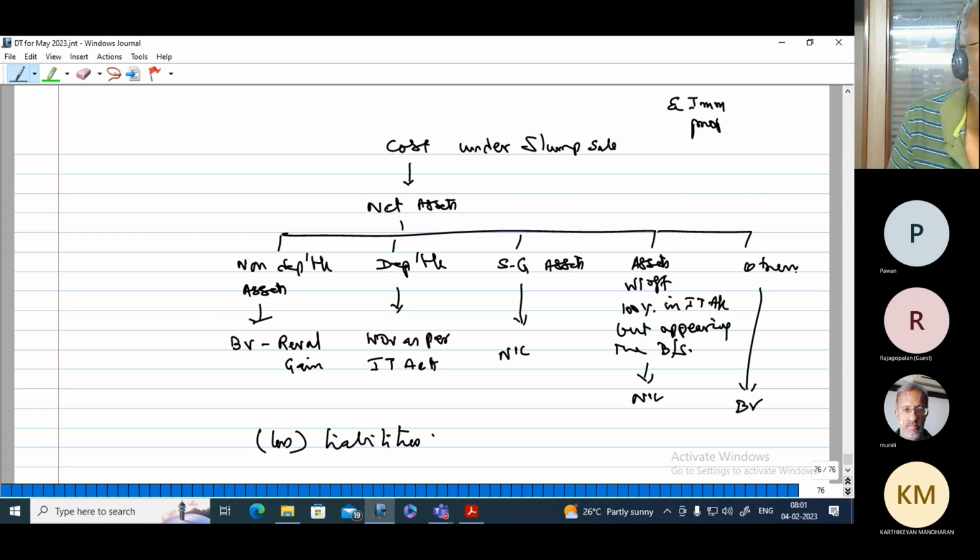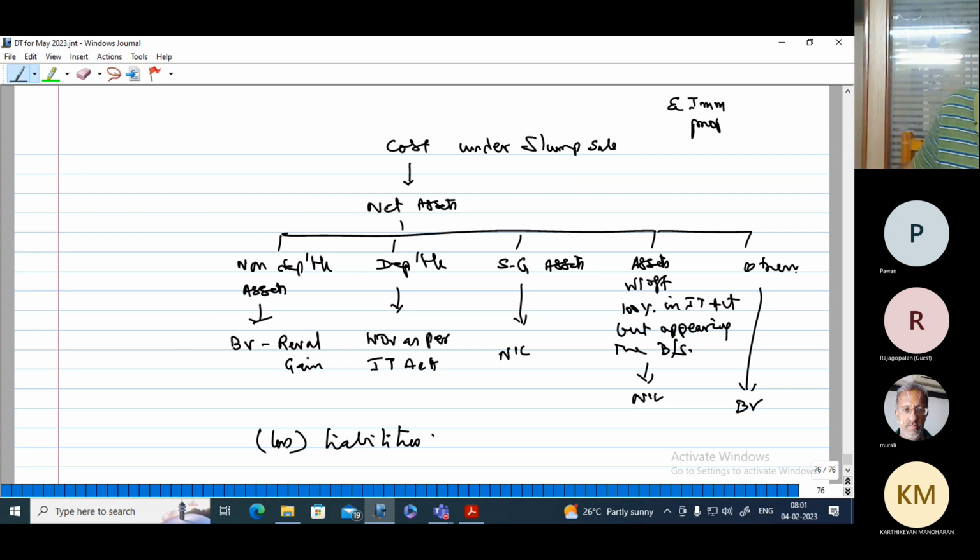Ajita, that is what assets written off 100% in Income Tax Act, but appearing in the balance sheet means. People might ask this question: when you have 100% written off, how come it will be there in the balance sheet? That is the reason why I told you, as per income tax, it is 100% written off, but as per books of accounts, it may be there. Example, agricultural storage, 35AD. They give 100% capital asset written off, building written off.